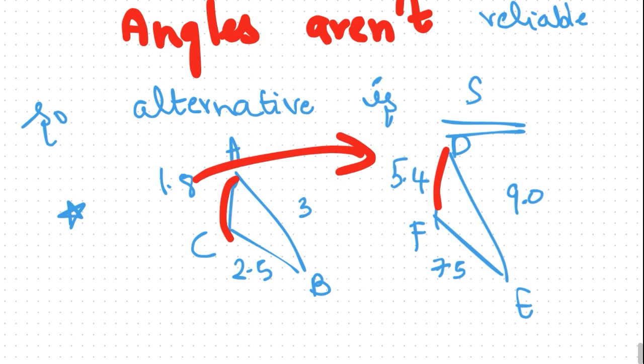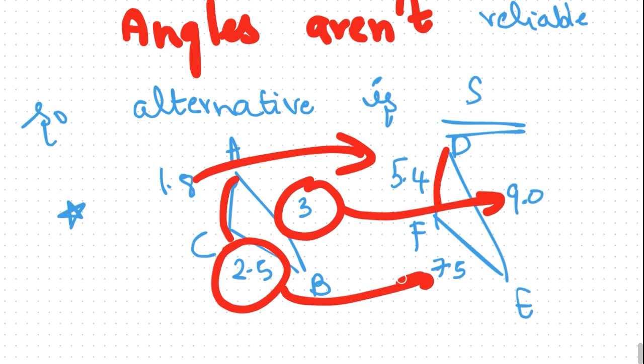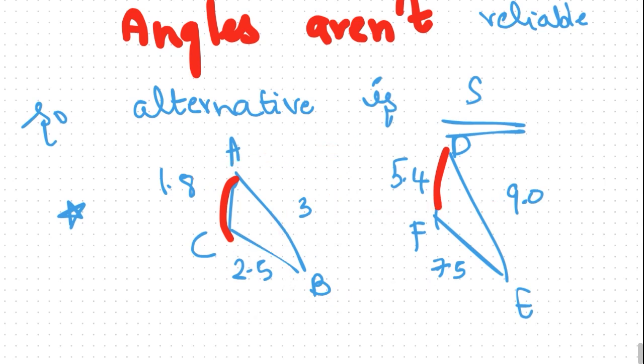1.8, 5.4 means 3 times. 3 to 9 means 3 times. Here to here means 3 times. So triangles are similar, correct? Yeah.